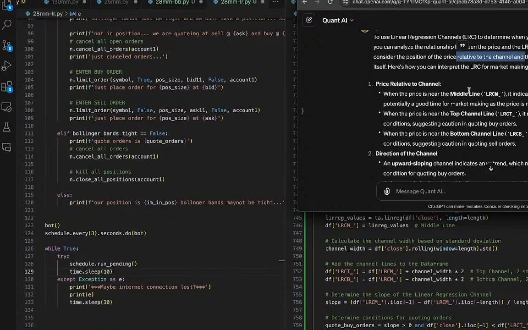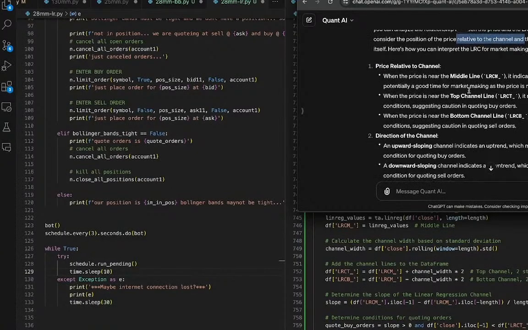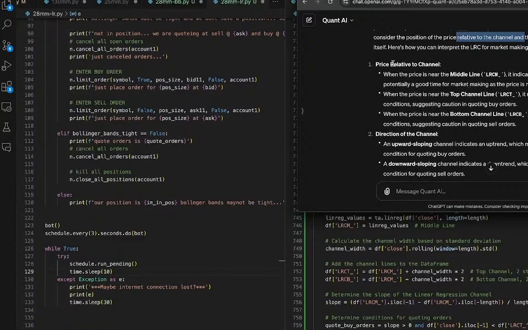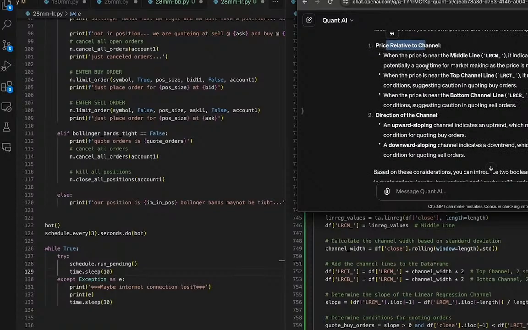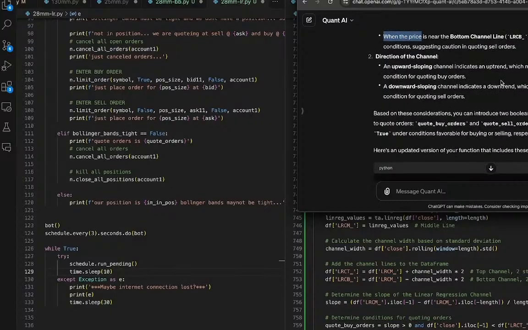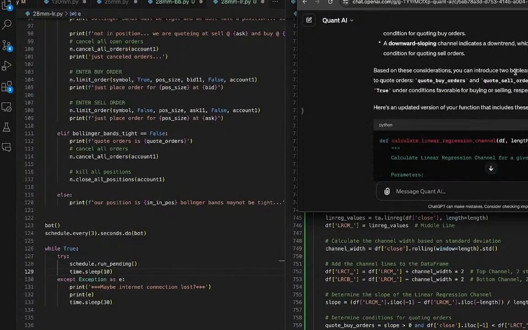Here's how you can interpret the LRC for price relative to the middle, LRCM: it indicates a good time for market making, as the next prices might be sideways orders. Directional, slow, and uptrend, we learned already. You can introduce an indicator to quote the order.